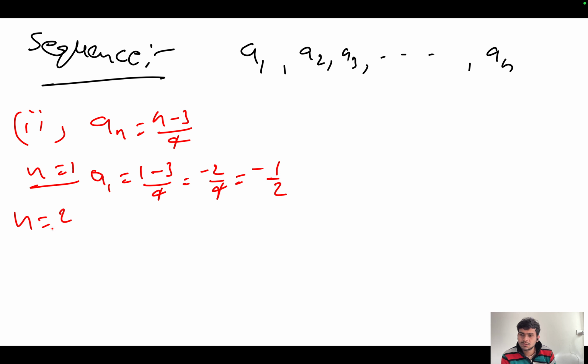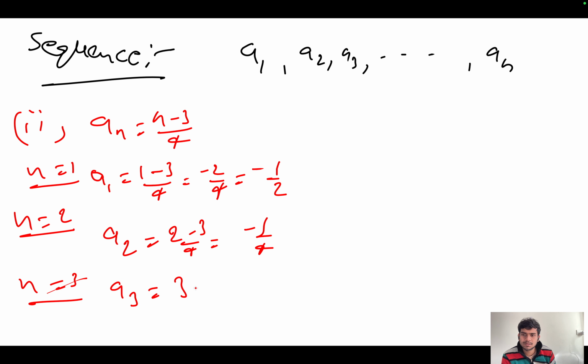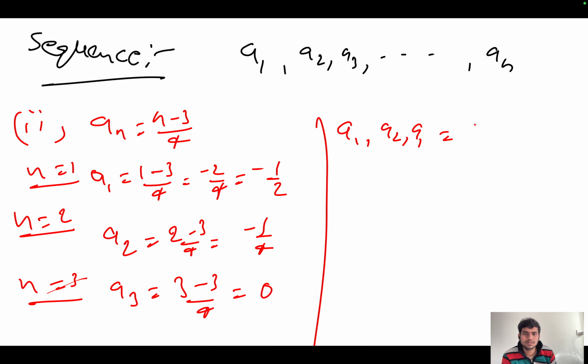Put n equals 2: a2 is (2 minus 3) by 4, that is minus 1 by 4. Put n equals 3: a3 is (3 minus 3) by 4, which becomes 0. So our sequence a1, a2, a3 is minus 1 by 2, minus 1 by 4, and 0.